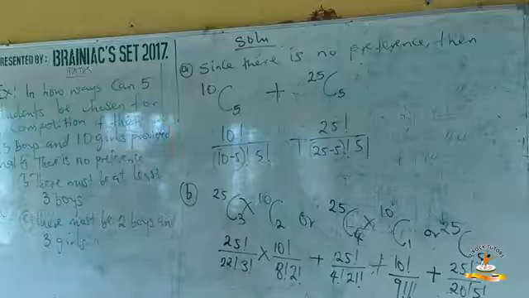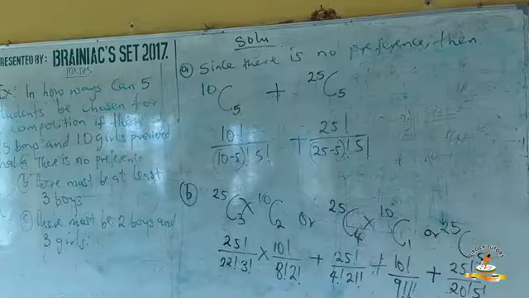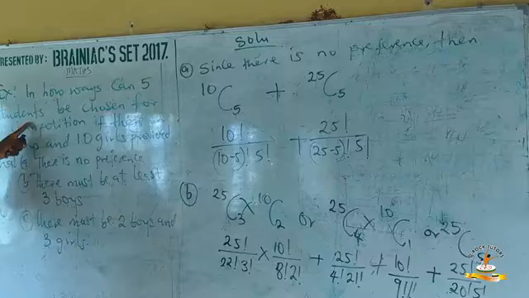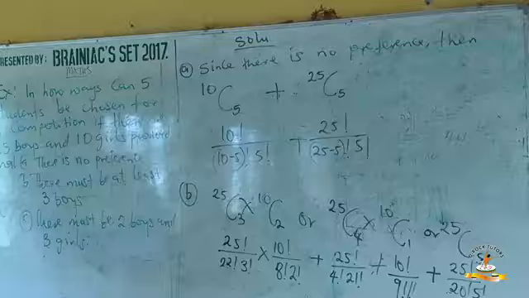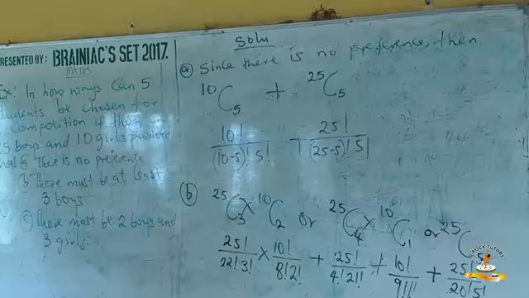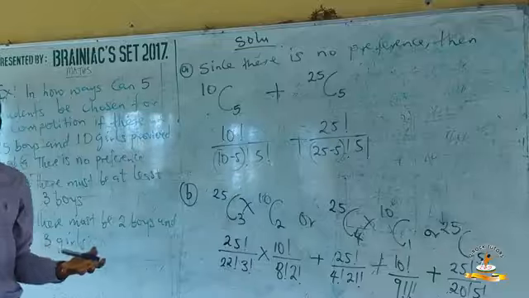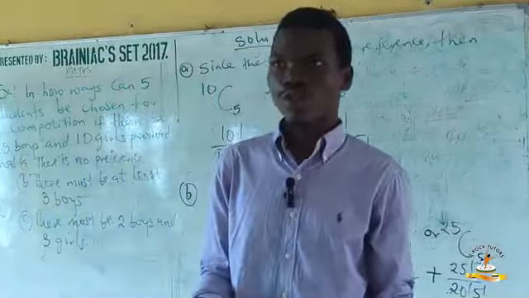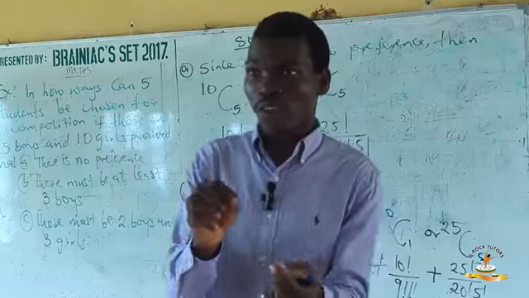Now, when it has to be combining people, see now, can 5 students be chosen? When it has to be choosing things, when you choose things, you are combining. You understand? They give you a kind of a tray that has a lot of candies. They say choose any 3. So you choose the first one, right?